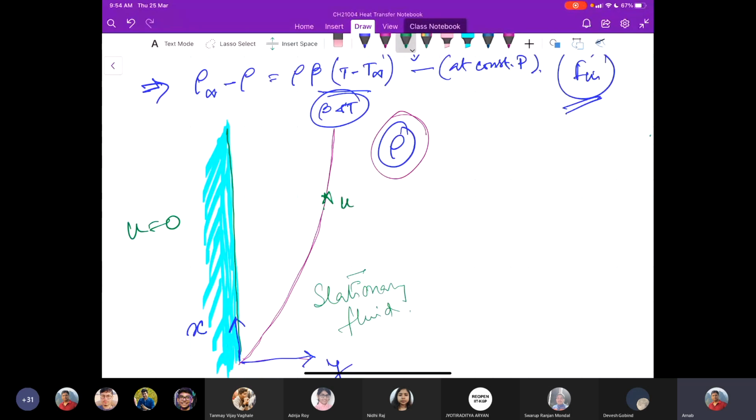U is equal to 0, because this is the stationary fluid, that is the consideration. So the velocity profile would look something like this: from 0 it would start, and then somewhere in the middle there will be a higher velocity, or the highest velocity.